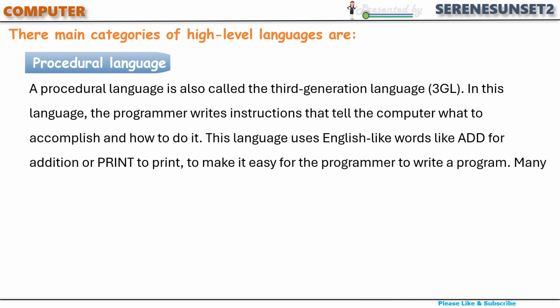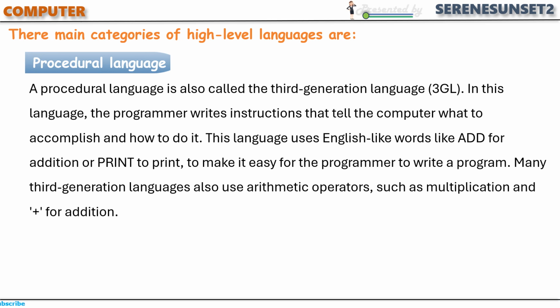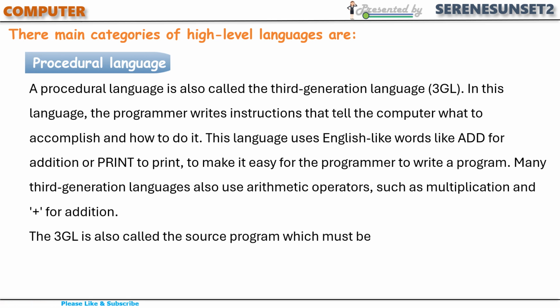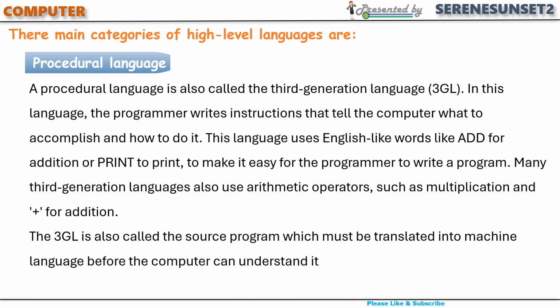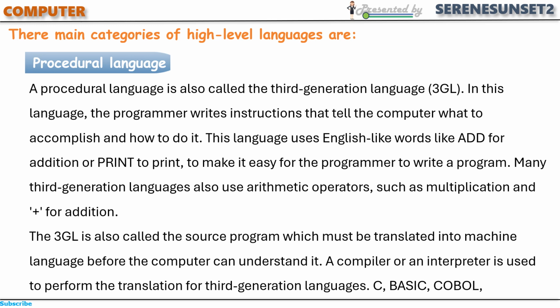To make it easy for the programmer to write a program, many third generation languages also use arithmetic operators such as multiplication and addition. A 3GL program is also called a source program, which must be translated into machine language before the computer can understand it. The compiler or the interpreter is used to perform the translation for the third generation language. Examples: C, BASIC, COBOL, and FORTRAN.